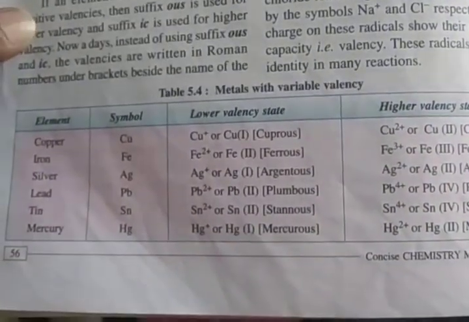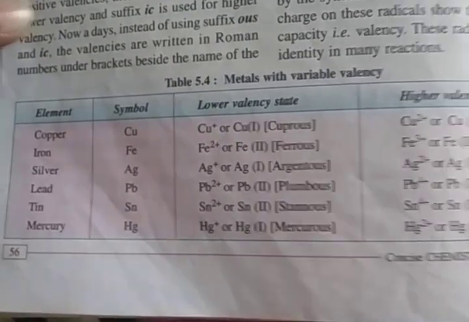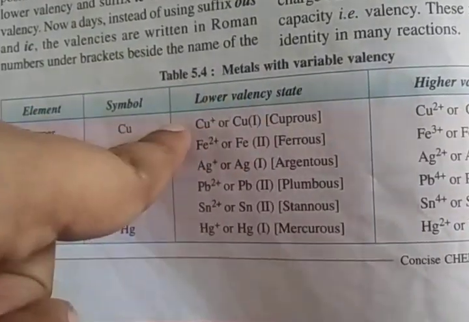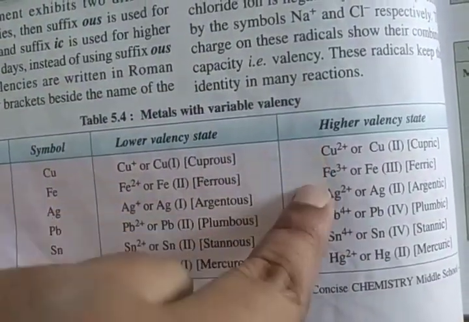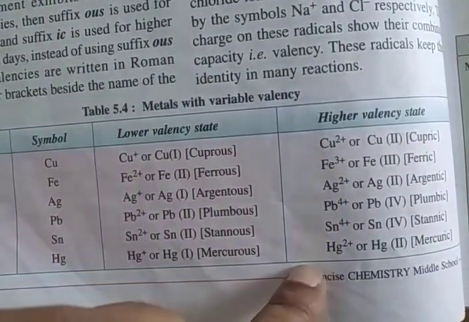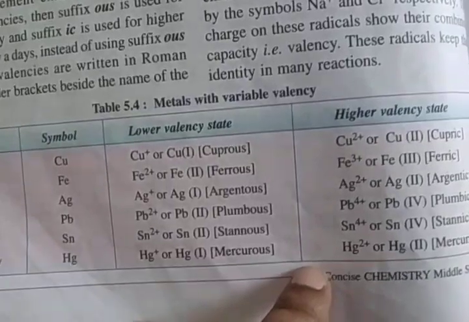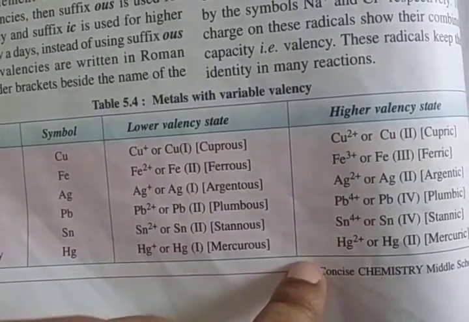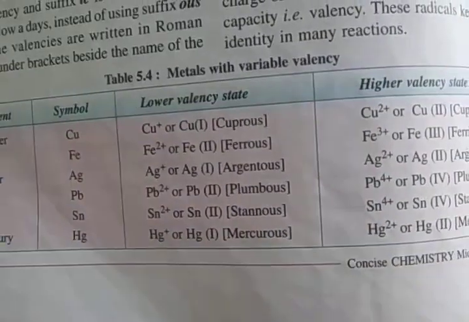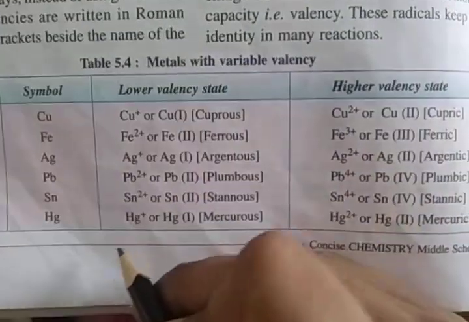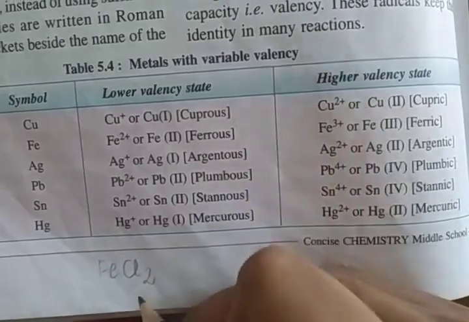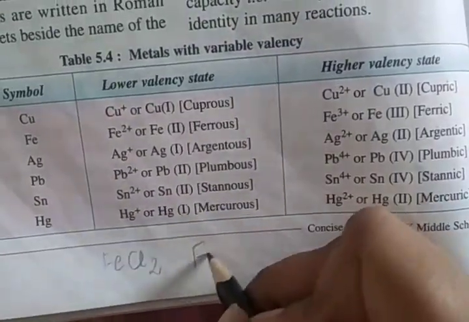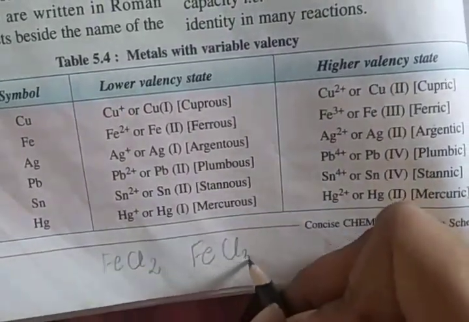Now, how do you see this? We write the symbol and we write the valencies on the top. But when we have to name them, how will we name them? For example, we just saw iron combining with 2 chlorines and iron combining with 3 chlorines.